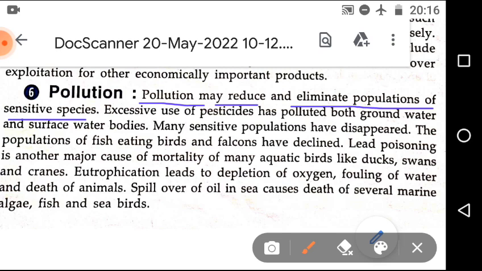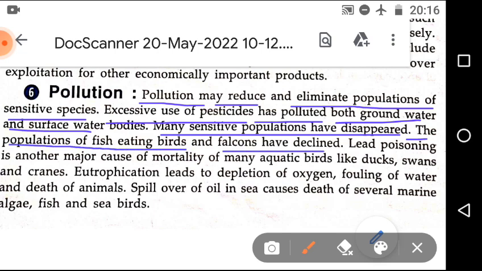Excessive use of pesticides has polluted both the groundwater and surface water bodies. Obviously, the use of pesticides and herbicides has polluted the groundwater by leaching and surface water by surface runoff. Many sensitive populations have disappeared. The population of fish-eating birds and falcons has declined. Now, this occurred as a result of biomagnification.